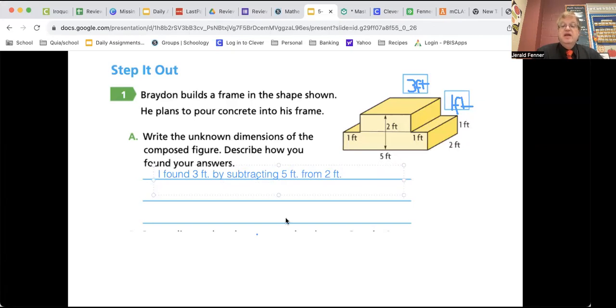And then to find the other one, I would say I found 1 foot by subtracting 2 feet from 1 foot. So that's how we found those actual numbers.